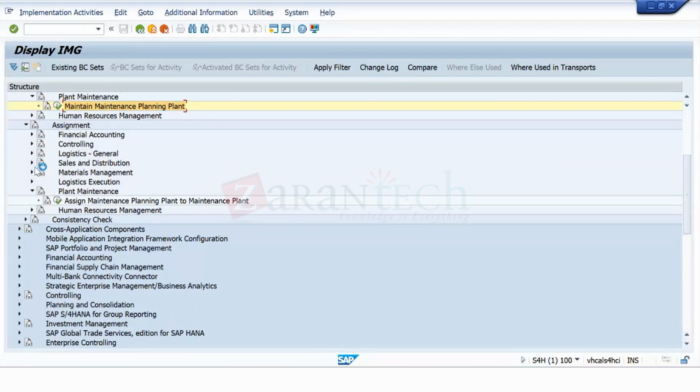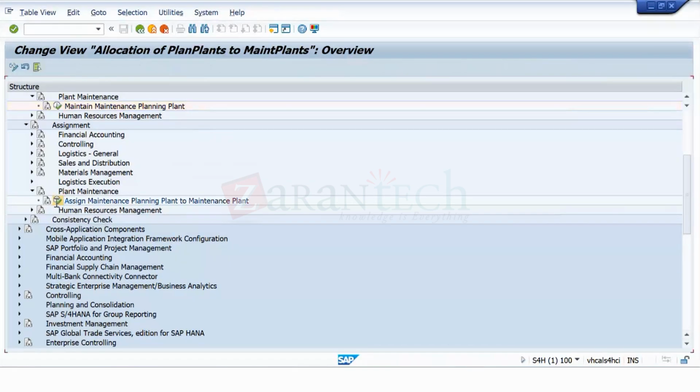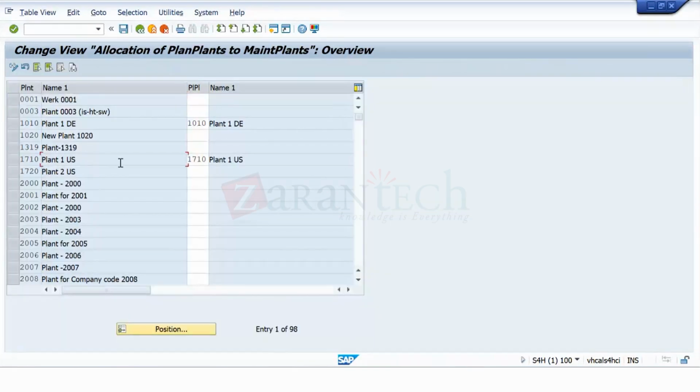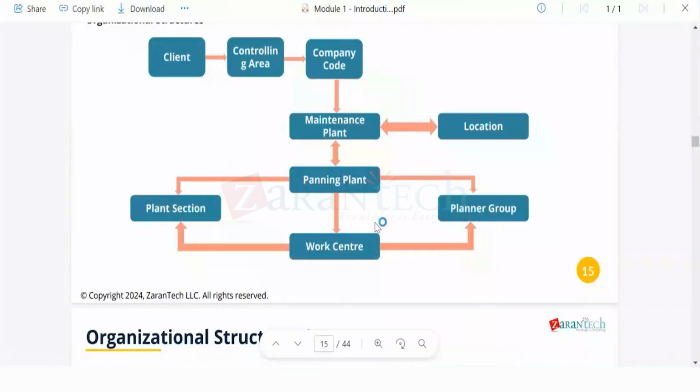Yes, please. It still makes sense if we just replace the word plant with group, right? If we said planning group instead of planning plant, it all still makes sense? No, it won't make sense, because planner group is a completely different thing. I will come to that later. In this context of planning plant, the plant is the thing that does all the planning.